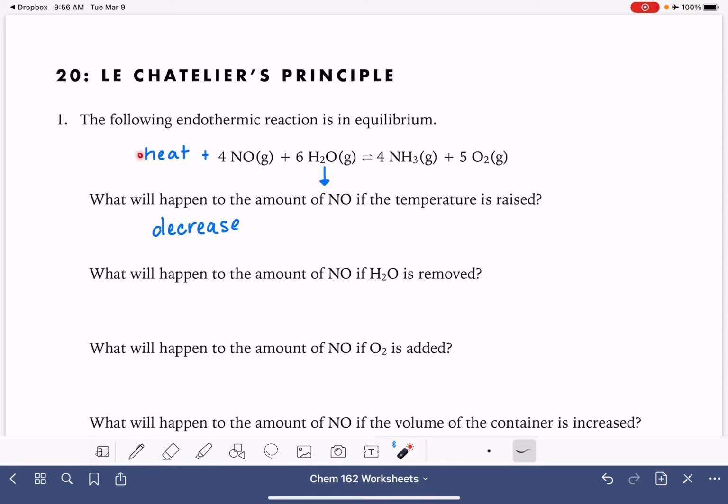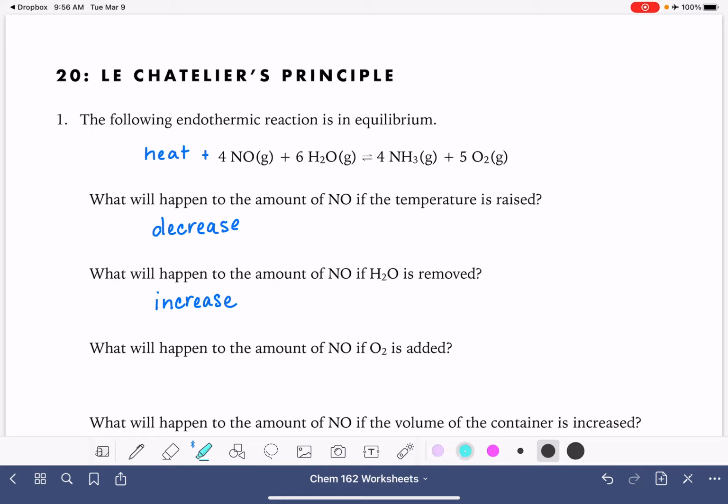So removing any one of these substances at all is going to cause the position of equilibrium to shift in the left direction to increase whatever was removed. And it wants to know what's going to happen to the amount of NO. Well, since the position of equilibrium is shifting to the left, this is going to cause the amount of NO to increase.